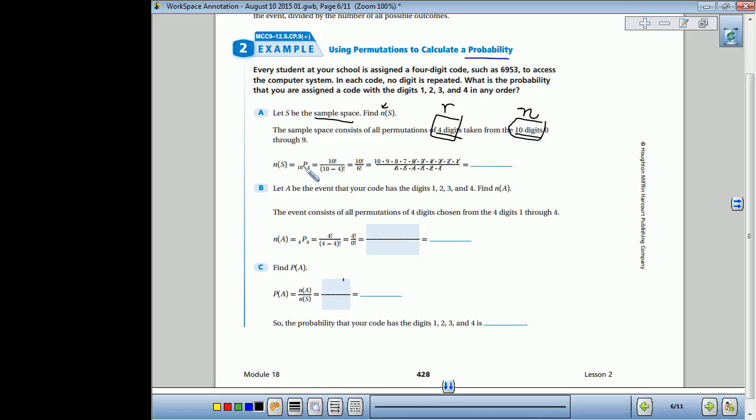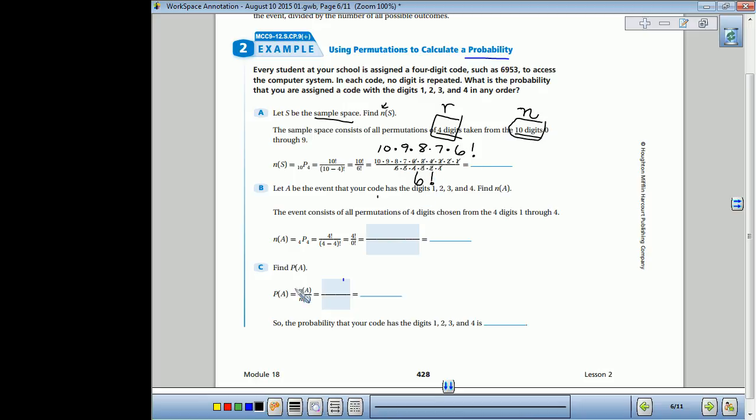Alright, so the permutations of 10 choose 4 is 10 factorial over 10 minus 4 factorial. That 10 factorial, this is where you learn how to do it algebraically. Because my denominator is 6 factorial, the way I would write that is 10 times 9 times 8 times 7 times 6 factorial, and then I would leave the denominator as 6 factorial.